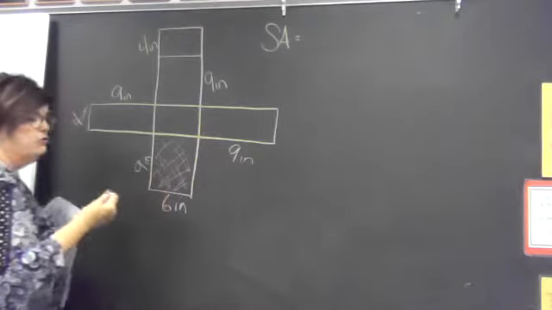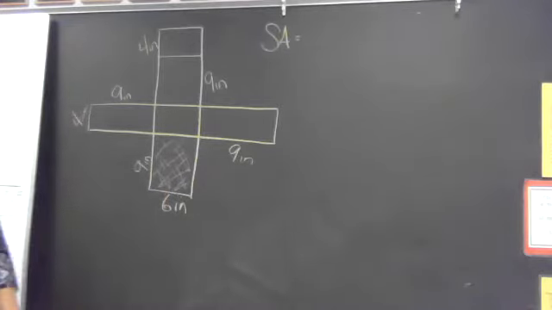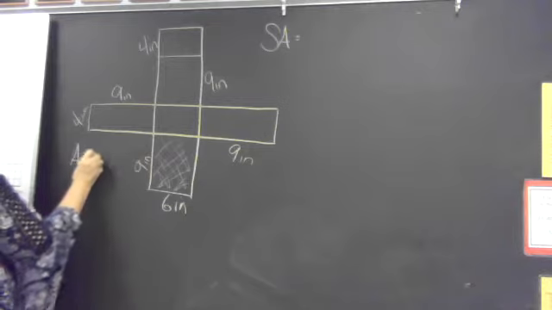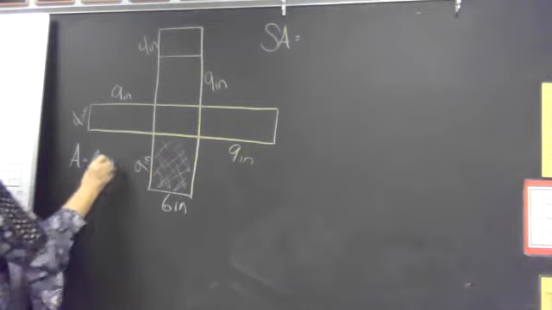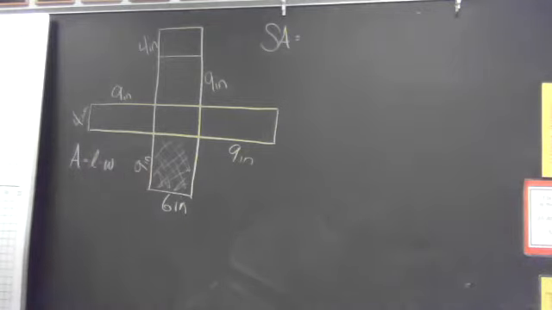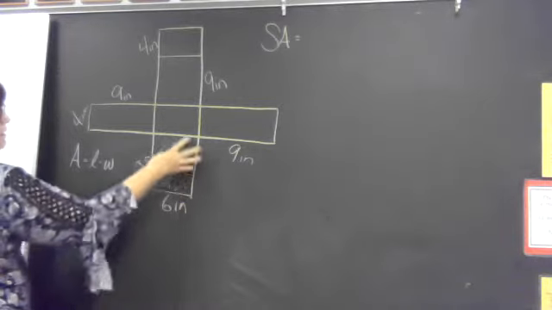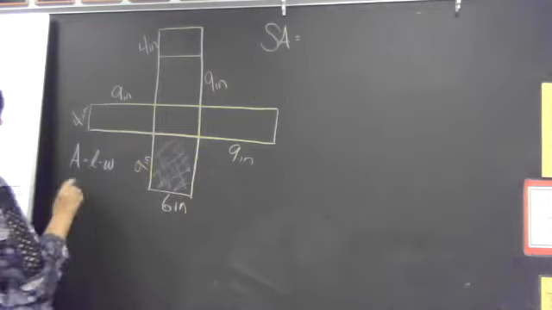Okay, by now you should be memorizing some area formulas. The area of a rectangle is the easiest one. Area equals length times width. And so the area of this one piece right here is 9 times 6.